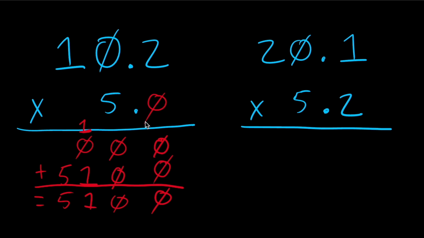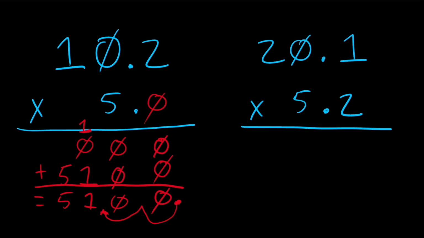And when you're multiplying, you count how many digits there are, and that's how many times you'll move the decimal, this decimal, to the left. So we have 2, so we need to move this decimal twice to the left.